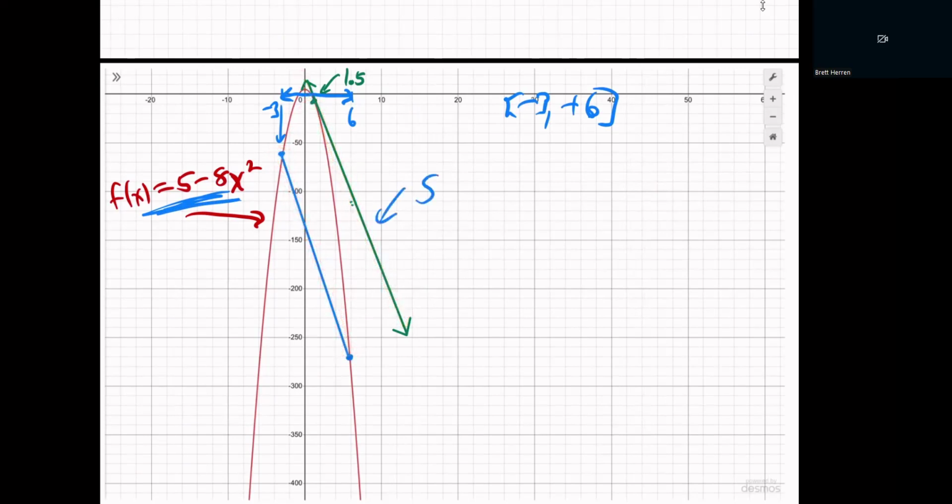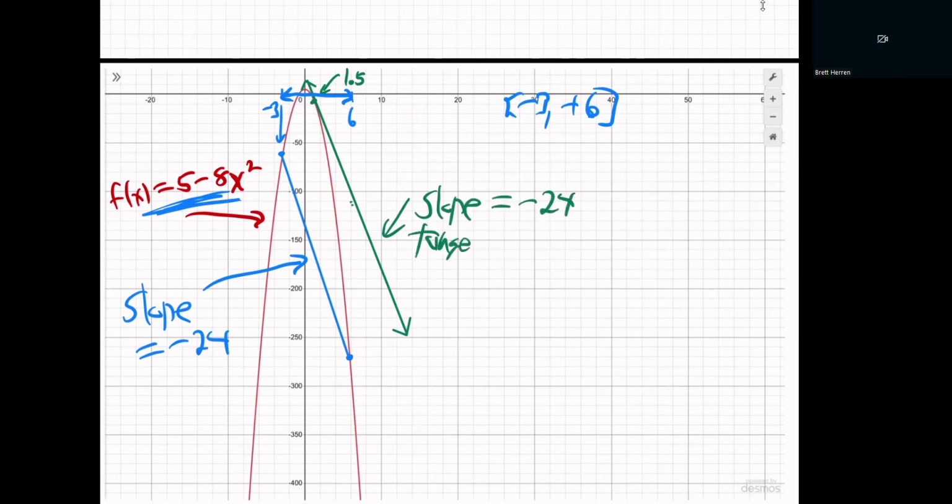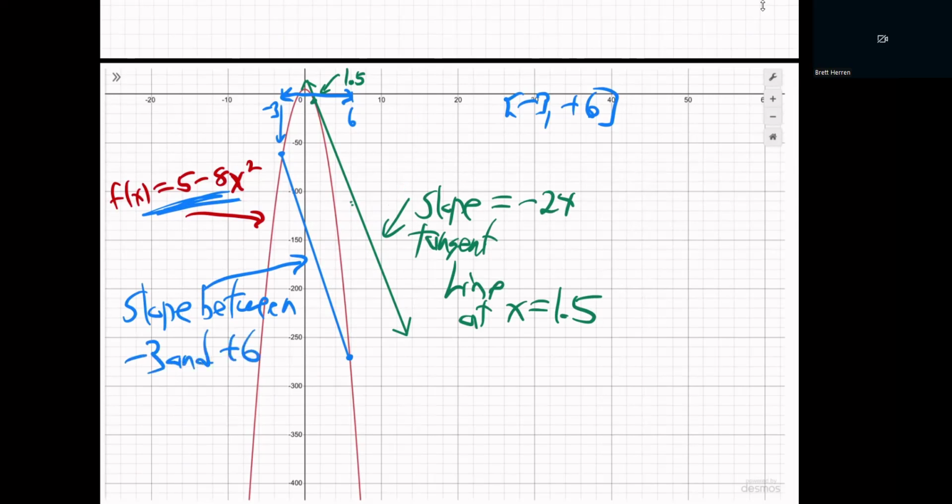The slope between negative 3 and positive 6 equals minus 24, and it's the same at the point x equals 1.5, the slope of the tangent line.